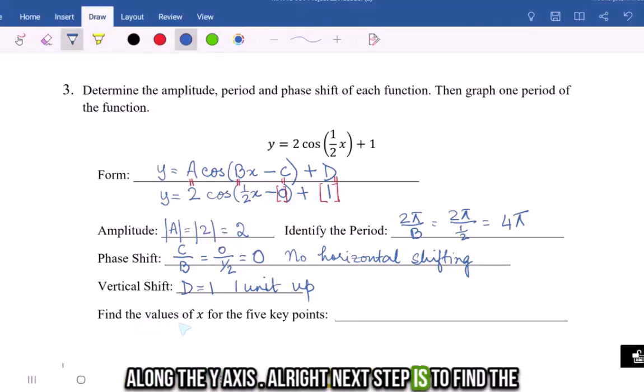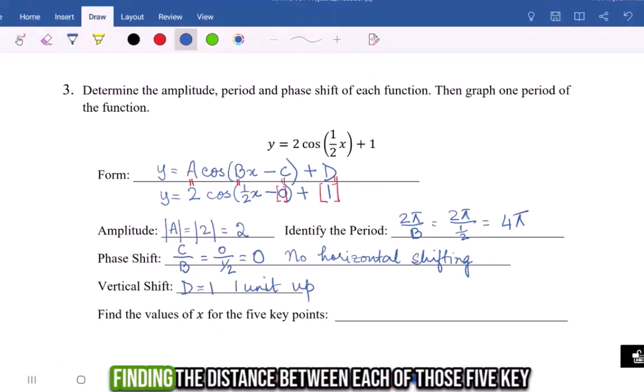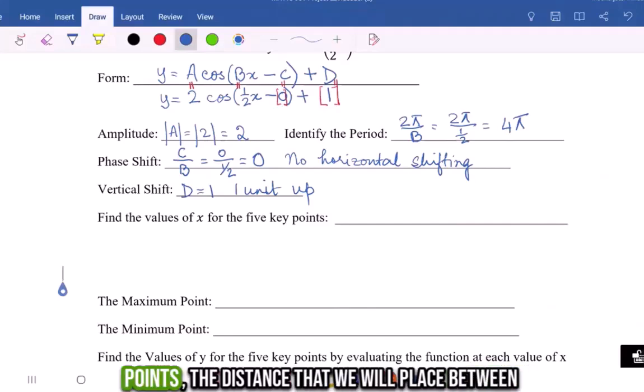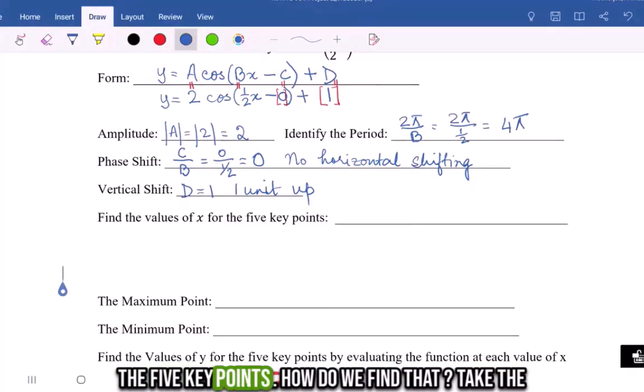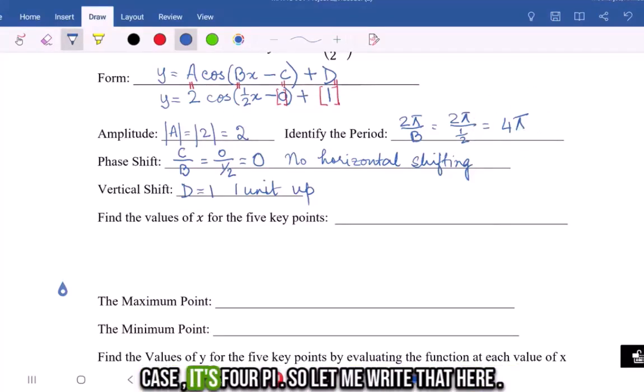All right. Next step is to find the values of the 5 key points for x. We'll start by finding the distance between each of those 5 key points, the distance that we will place between the 5 key points. How do we find that? Take the period that we found for this function. In our case, it's 4 pi. So let me write that here.